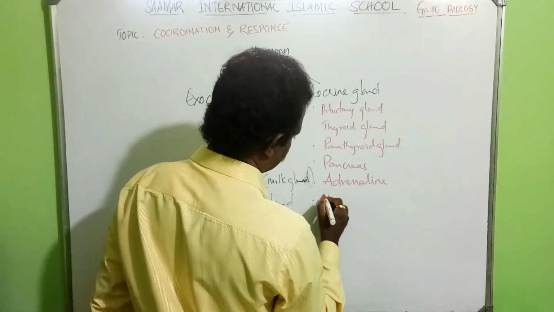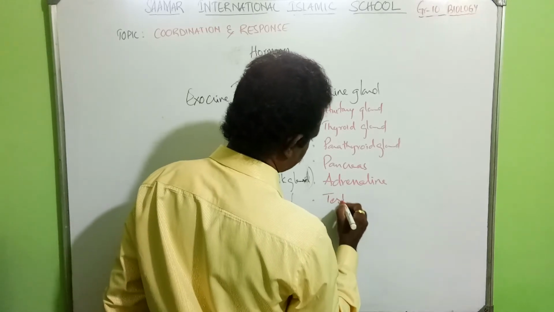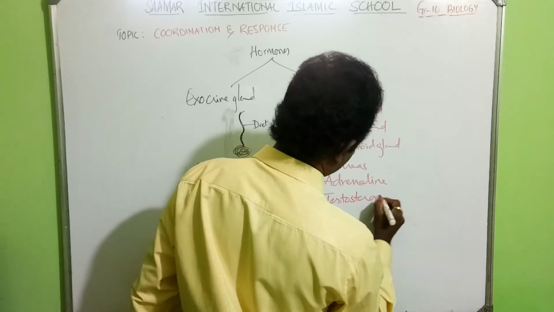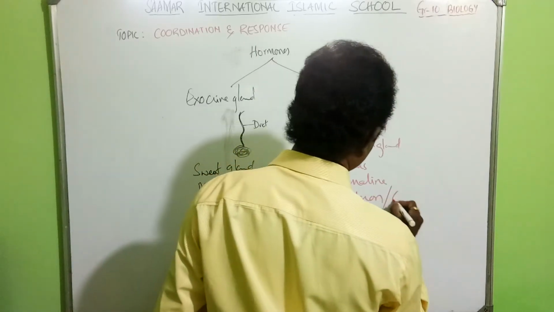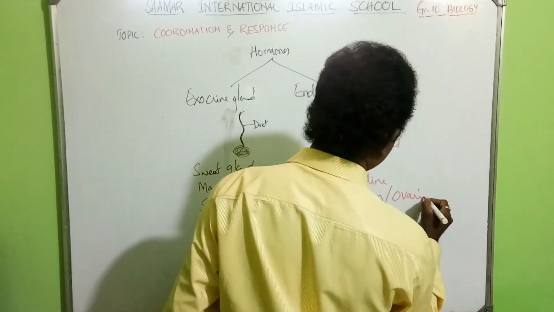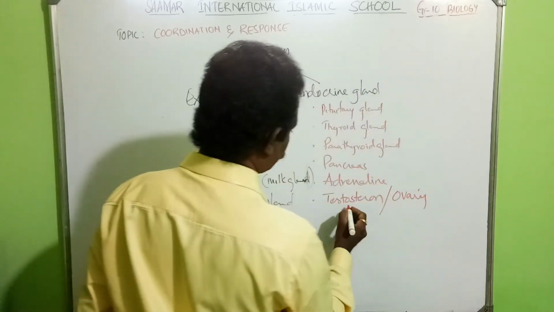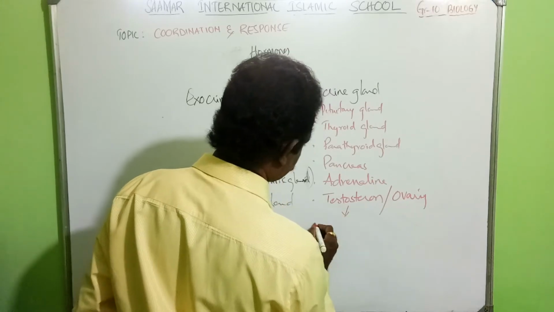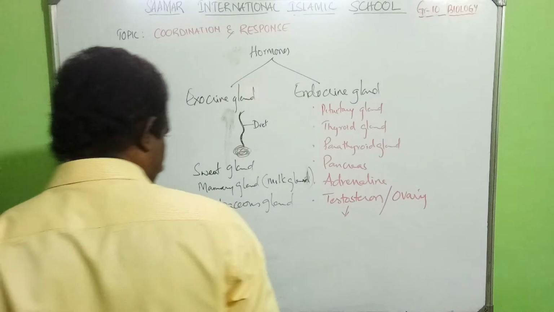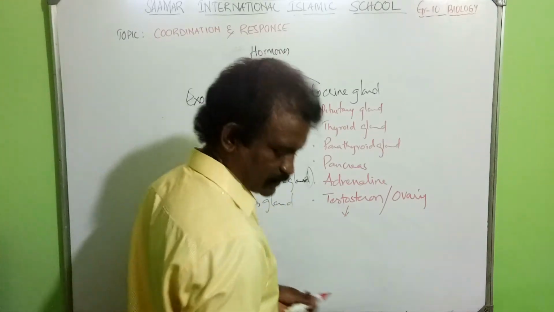Next is testosterone. And in case of female, ovary. From the testis you get testosterone. This is exhibited in this way.